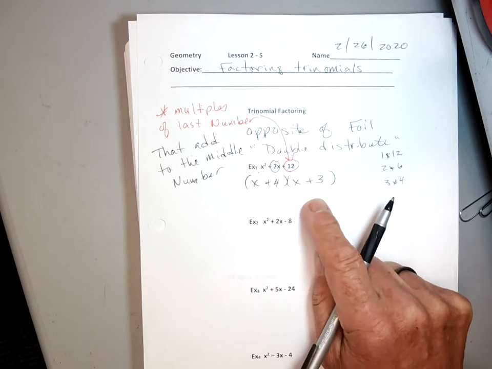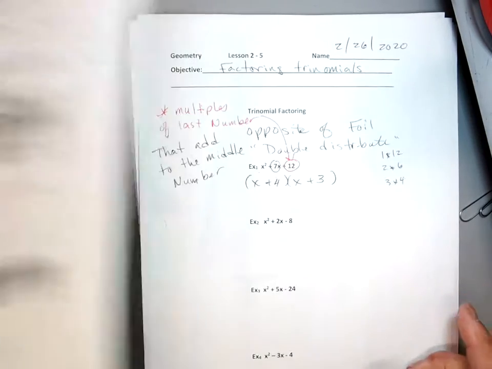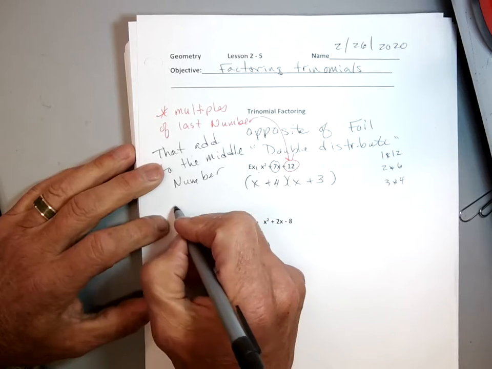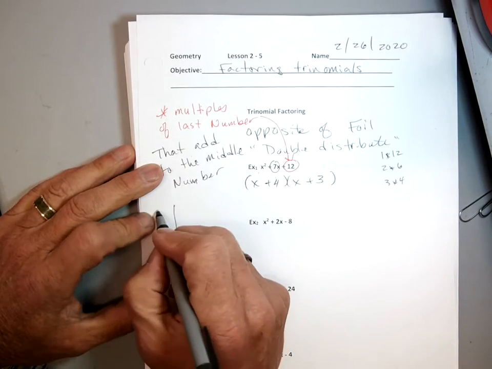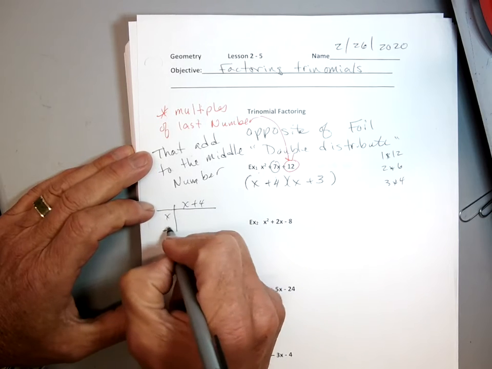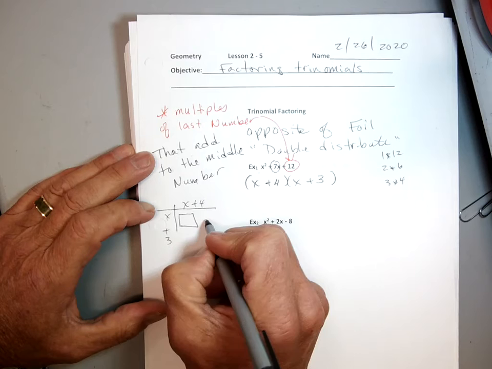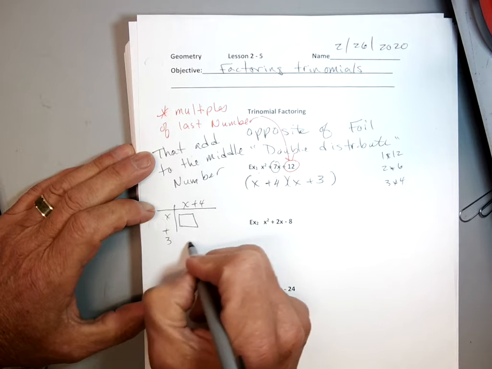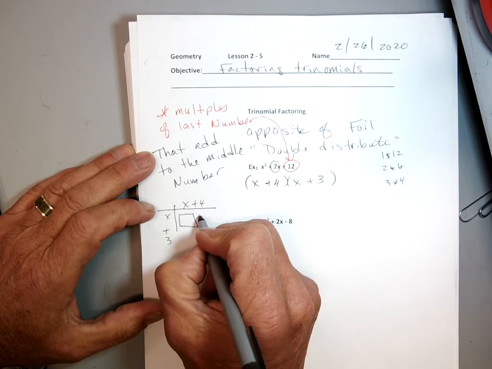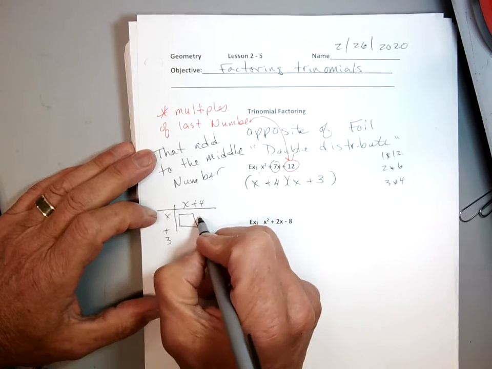Now, in our little rectangle, we could have done it as a chart. We'd have an x plus 4 and an x plus 3, which would make our x squared plus 3x's plus 4x's, and we'd get an x squared plus 7x's.